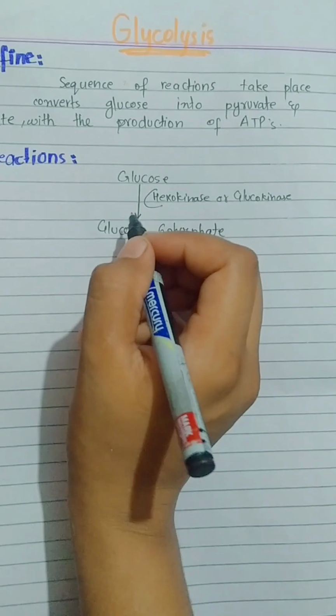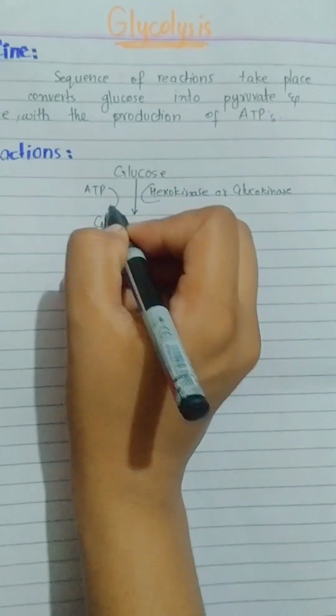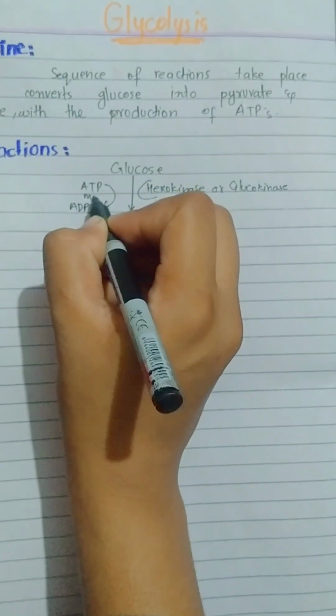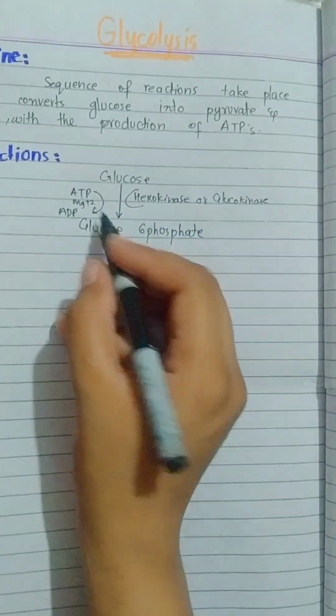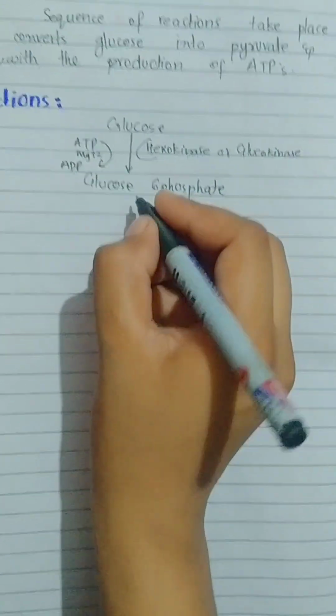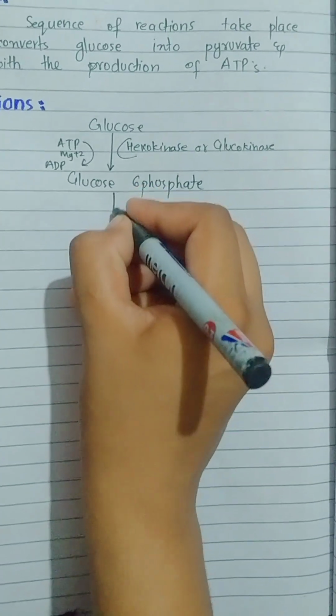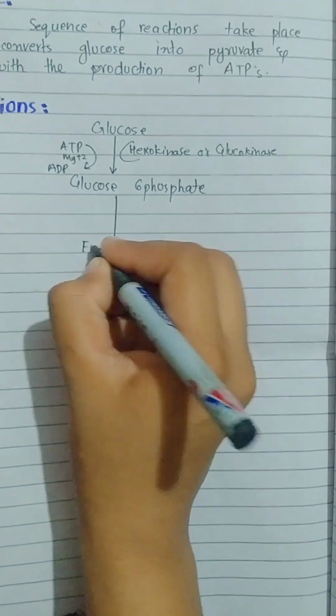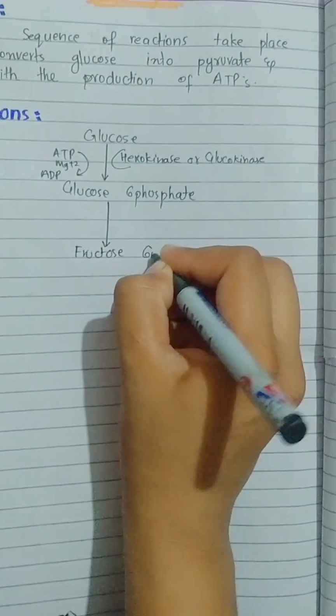During this reaction, one ATP converts into ADP. This is the energy investment phase.